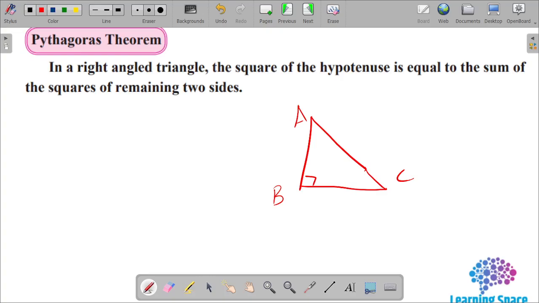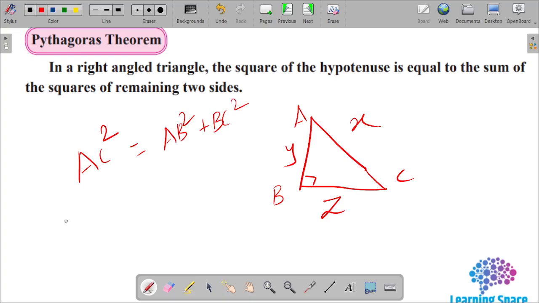So by Pythagoras theorem we can say the square of the hypotenuse is equal to the sum of squares of the remaining two sides. Here the remaining two sides are AB square plus BC square. Suppose AC is X, AB is Y, and BC is Z. We can say by Pythagoras theorem X square equals Y square plus Z square. I hope you understood.